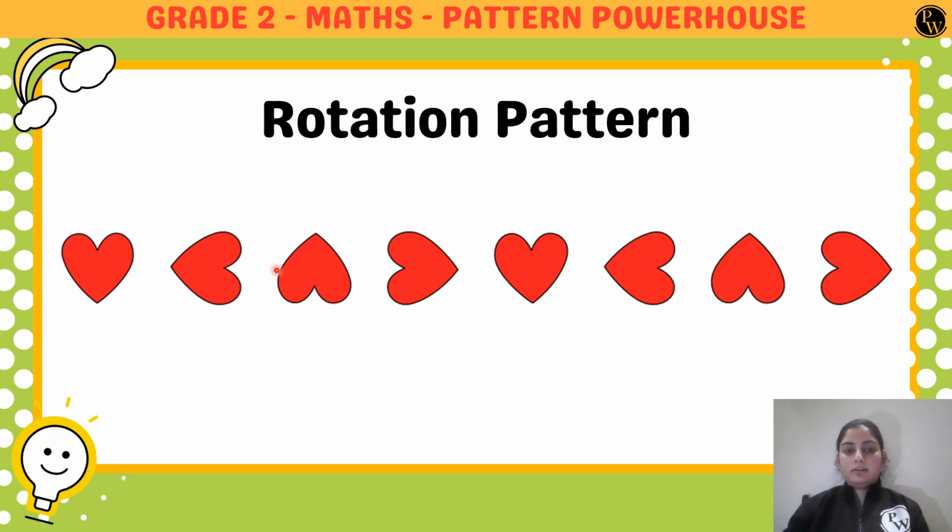In the next one, the heart shape is pointing down, and in the next one it is pointing towards the left. So we can see that there is a rotation in the clockwise direction, that is up, right, down, left, again up, right, down and left. So it is forming a repeated pattern using rotation.